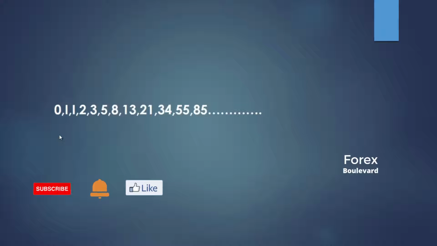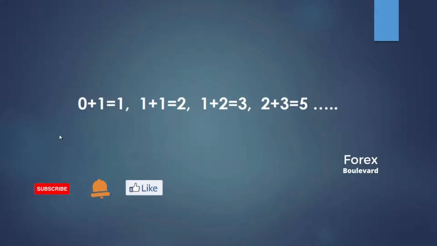You keep adding the two previous numbers to give you the next number. 0 plus 1 equals 1, 1 plus 1 equals 2, 1 plus 2 equals 3, 2 plus 3 equals 5, 3 plus 5 equals 8, and so forth. It's an endless sequence.